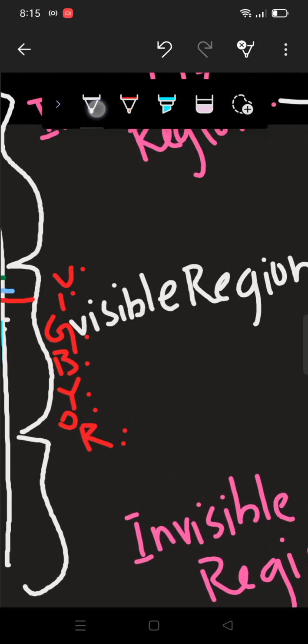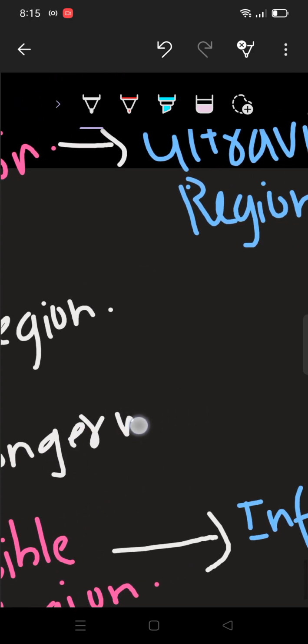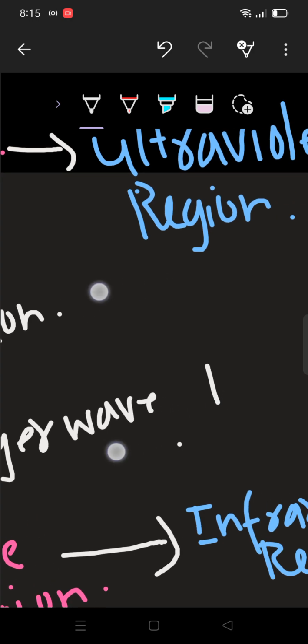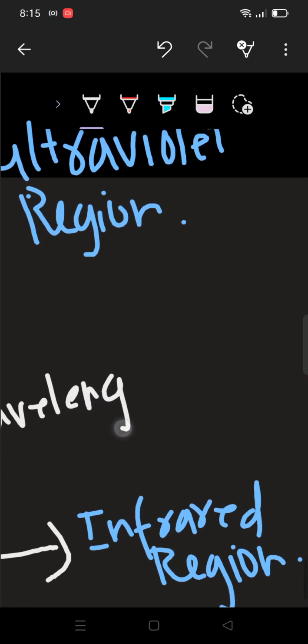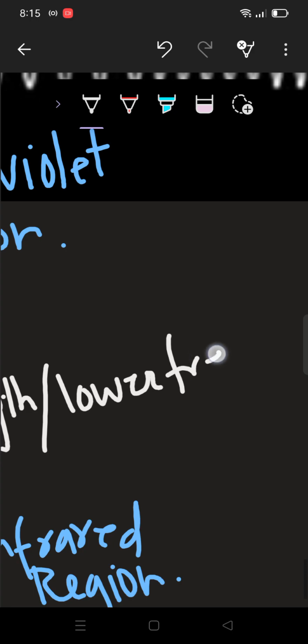Red has the longer wavelength, however it has lower frequency or energy.